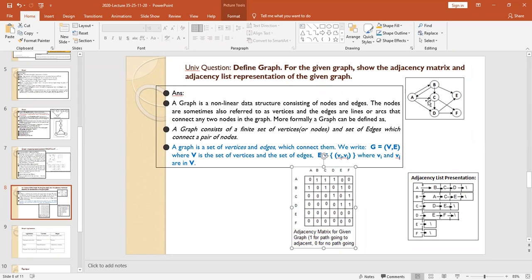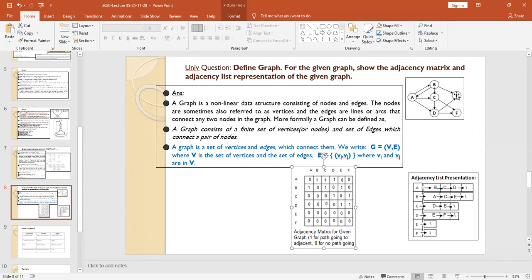Now you come for the C. So C to A, no, 0. C to B, 0. C to C 0, C to D it's there 1, C to E 0, C to F 1. So come for the D now. D to A 0, D to B 0, D to C 0, D to E is there, so put it 1, D to F is there, put it 1.